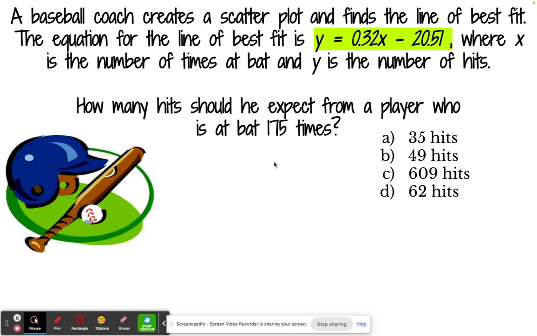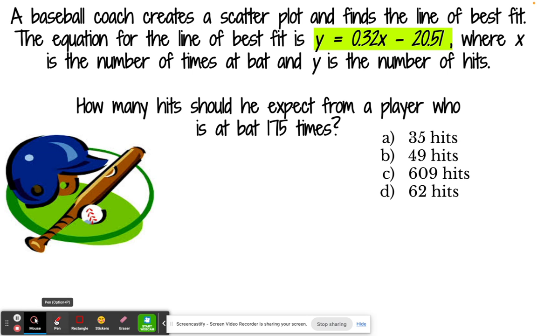Okay. Coach creates a scatter plot and finds that the line of best fit is this. And in this equation, x is the number of times at bat, and y is the number of hits. So if a player is at bat 175 times, that would be my x, how many hits should he have?